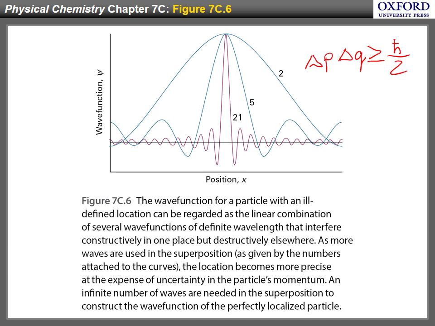Let's chop this down. We have the change in linear momentum along an axis q, and this right here is the measure, the expression of uncertainty.